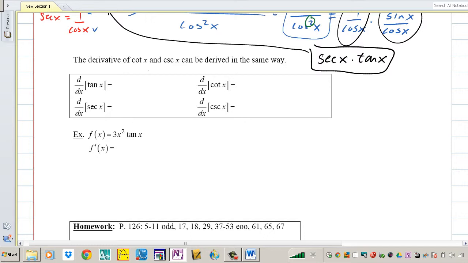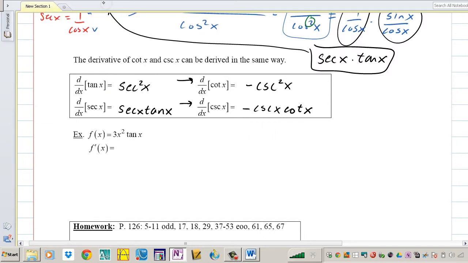So let's state these rules. The derivative of tangent is secant squared, and the derivative of secant is secant tangent. Now, here's what I want you to do. I want you to challenge yourself and use the quotient rule to find the derivative of cotangent and cosecant. You should get negative cosecant squared, and you should get negative cosecant cotangent x.